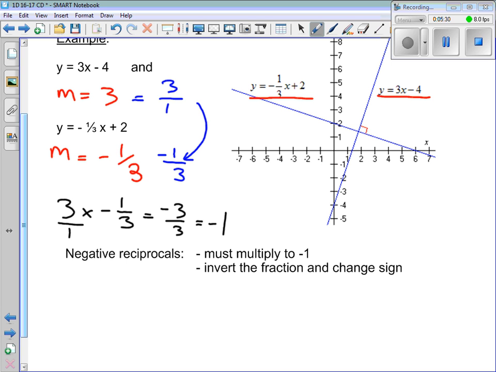Okay? So that's showing us that these two slopes, or these two lines, are negative reciprocals of one another, so the lines are perpendicular. Okay? So parallel, same slope, perpendicular, negative reciprocals.